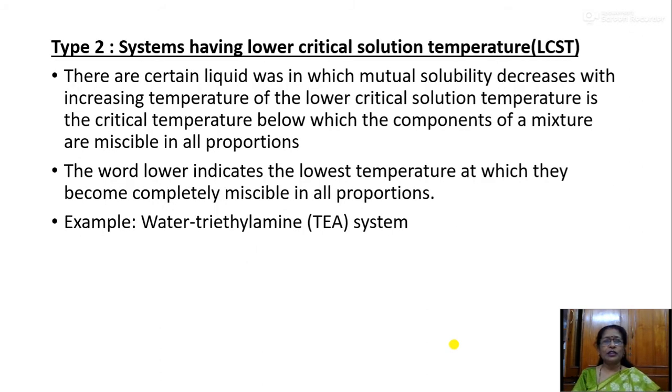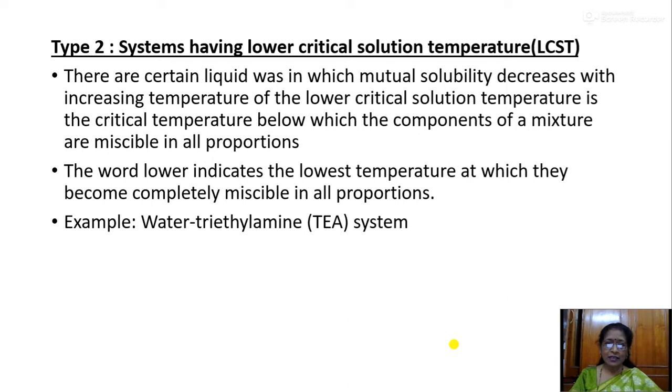It is shown in the graph. Now, till now we have come across what is UCST, upper critical solution temperature. This is the temperature at which the two partially miscible liquids become completely miscible. Now there are other solutions which show LCST, that is, lower critical solution temperature.